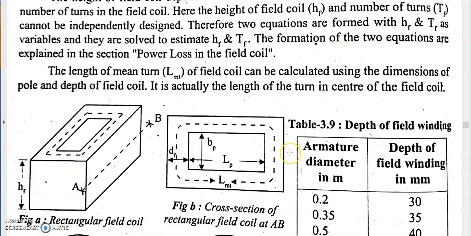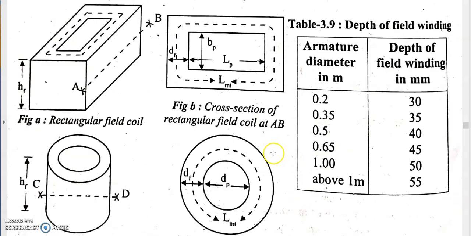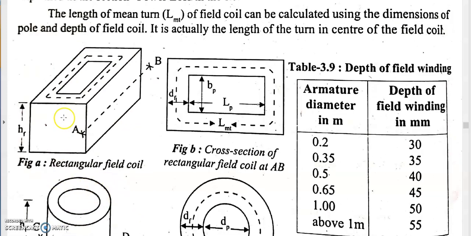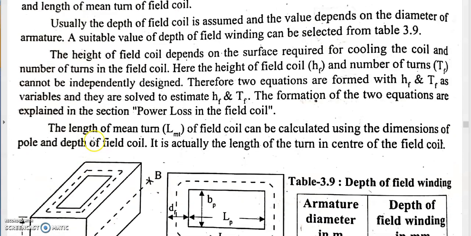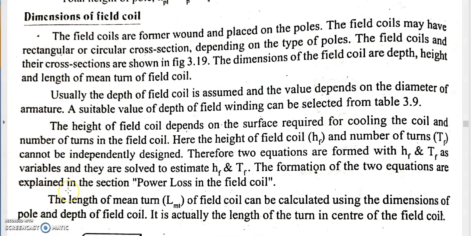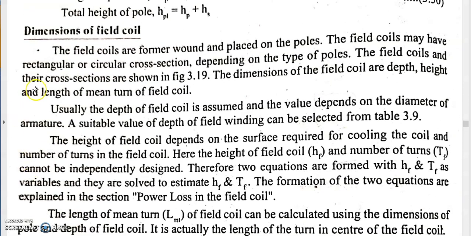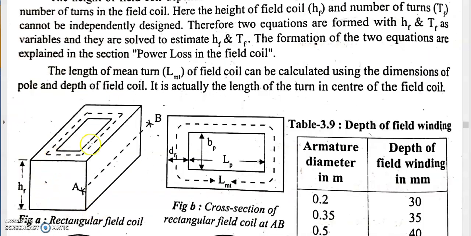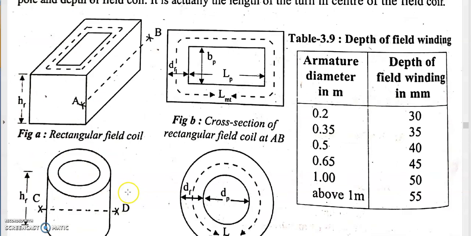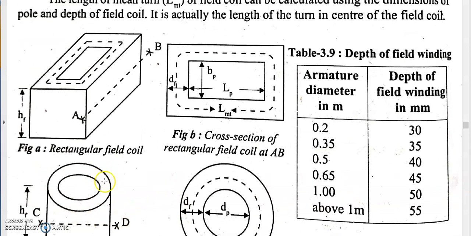So this is the dimensions of the field coil for rectangular field pole, and this is for a circular cylindrical field pole, and this is the winding, that is dimensions of field coil in a rectangular pole section, and this is in a circular field pole section.